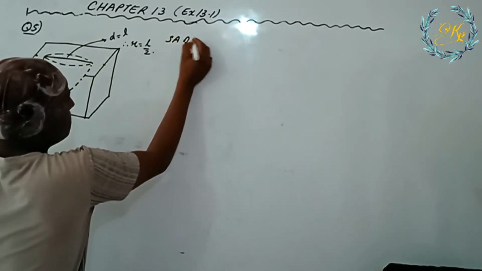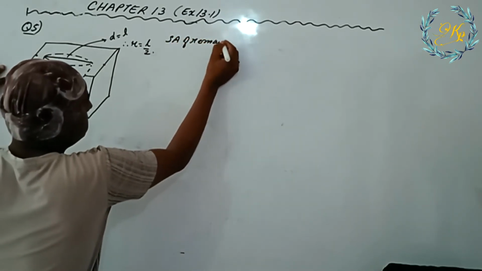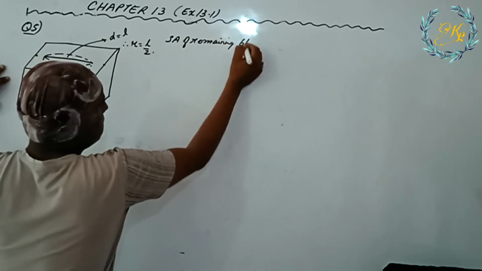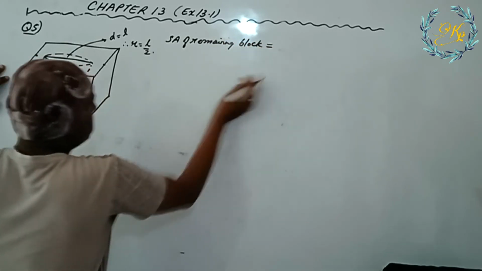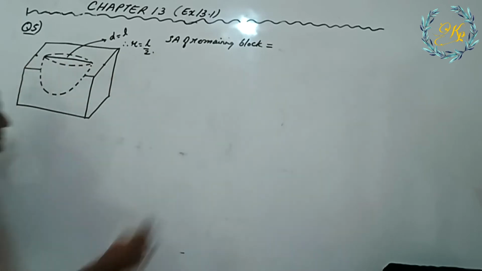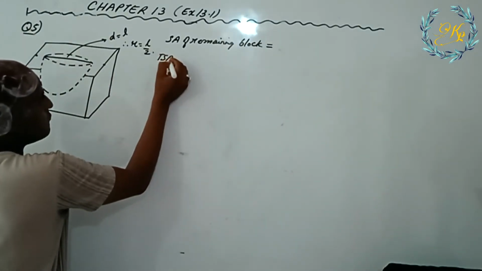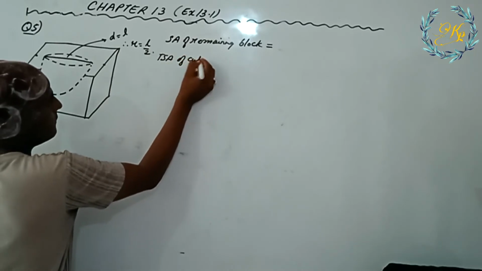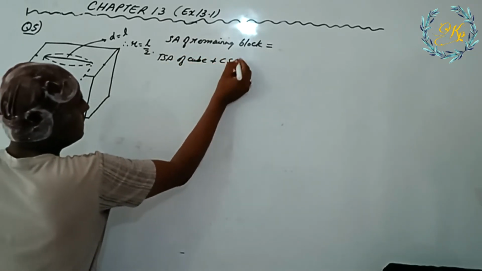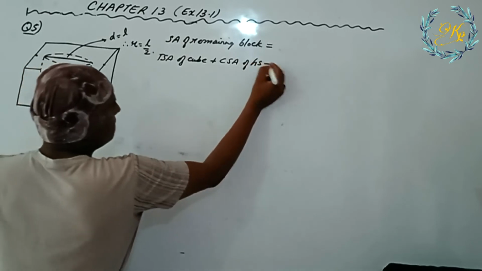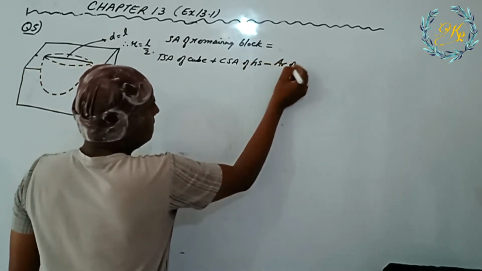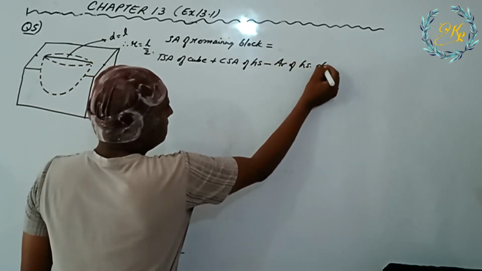Surface area of the remaining block is equal to the total surface area of cube plus curved surface area of hemisphere minus area of hemispherical depression.